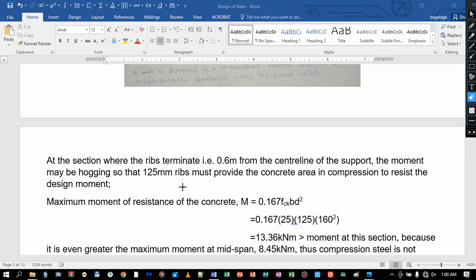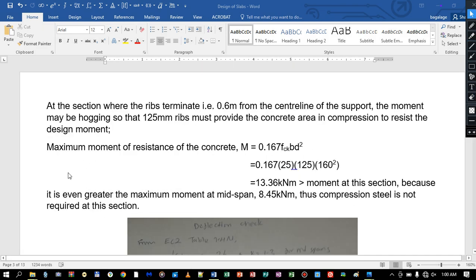So they should provide that concrete area in compression to resist the moment. Now if we check their capacity, this is our moment of resistance of the concrete. This is a formula from analysis of the section. And if we substitute in our concrete strength, the width of the rib, and then the effective depth, we get this capacity, 13.36 kN/meter, as our moment of resistance of the concrete or of the ribs.